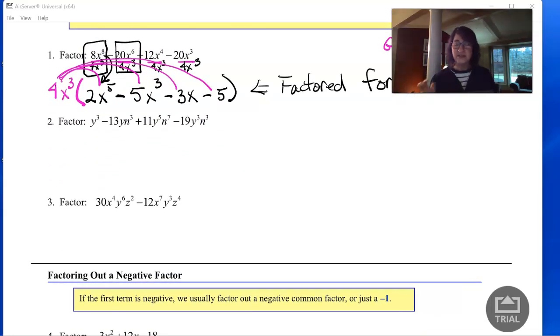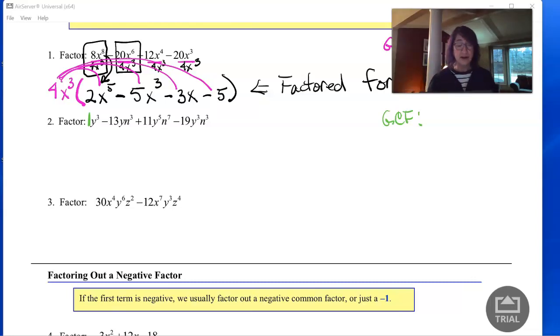So we're going to start by finding a GCF. When I look at my coefficients of each of those terms, I have a 1 that's implied in front of that y cubed, 13, 11, and 19. There are no common factors of those coefficients.